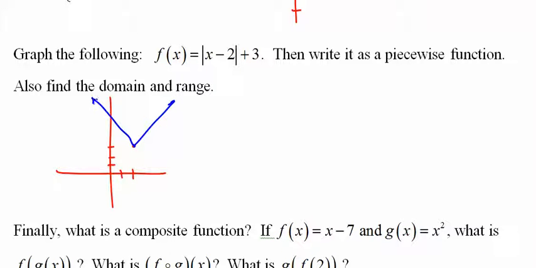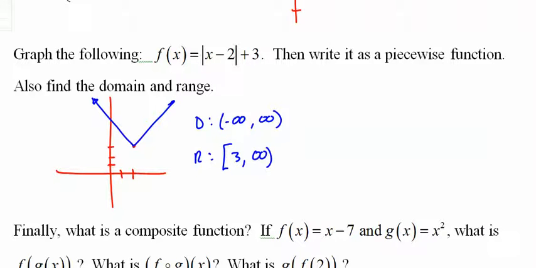Up to the left at a 45. So that's a graph. While I'm here, I'll do domain, all reals. I have a habit of writing all reals because it's easy. And the range starts at 3 and goes up to infinity.